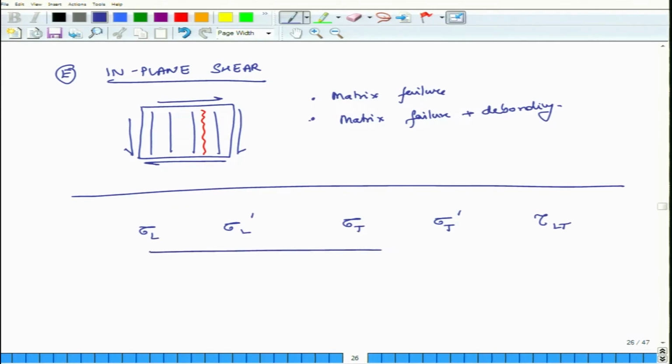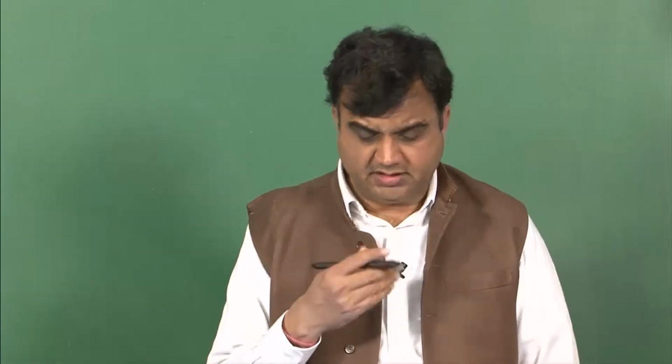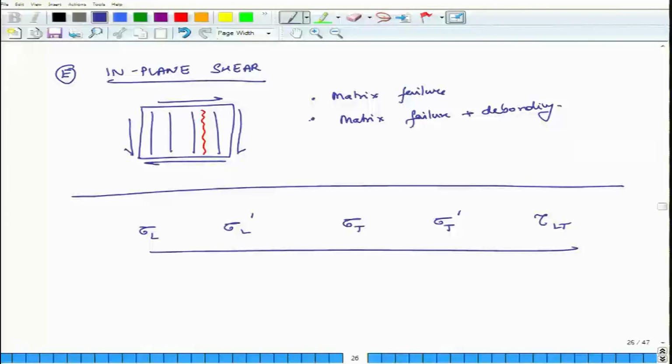So, associated with these scenarios there are different modes of failure, which is important to understand and realize when you are designing composite structures. Going forward, we will move to a different situation, and there are several other properties of composite materials which we will discuss and how to predict them.